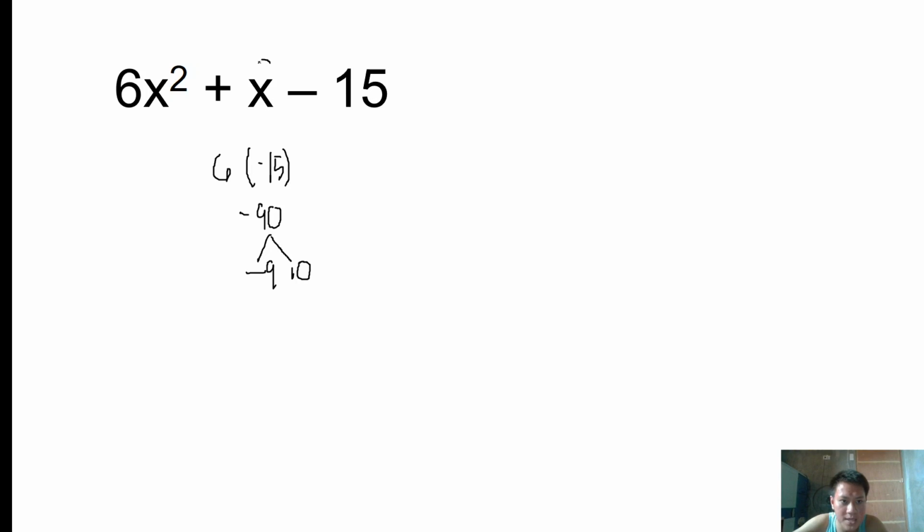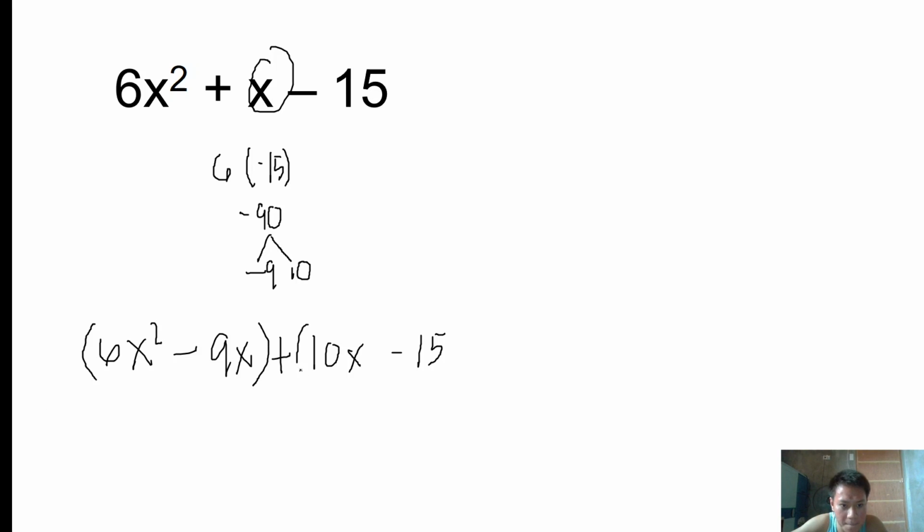So again, i-express lang natin to as negative 9x plus 10x. So we have 6x squared minus 9x plus 10x minus 15. Okay. Nilagay natin negative 9x plus 10x, that's also equal to x. So, wala din naman siya pinagkaiba. Next, i-group natin sila. Okay.